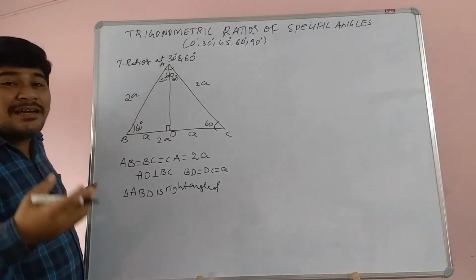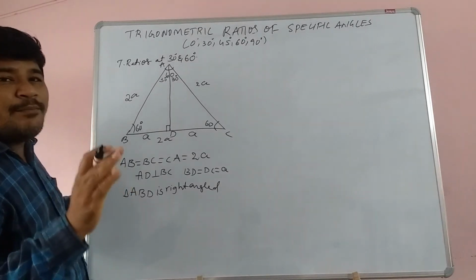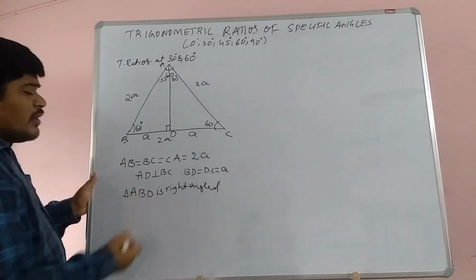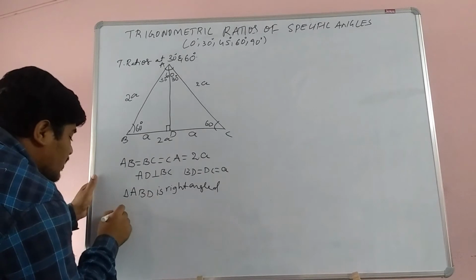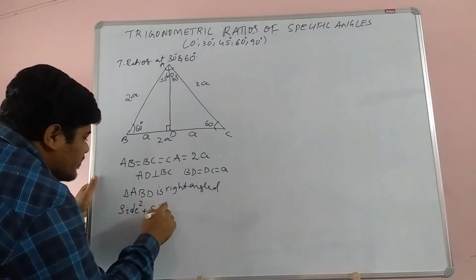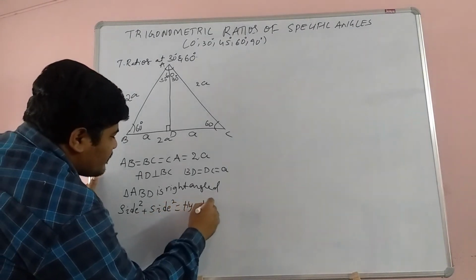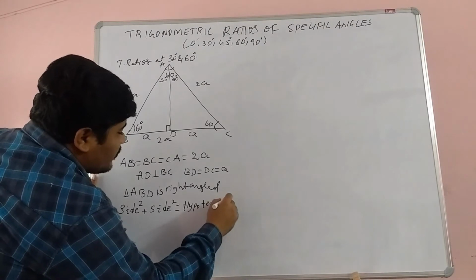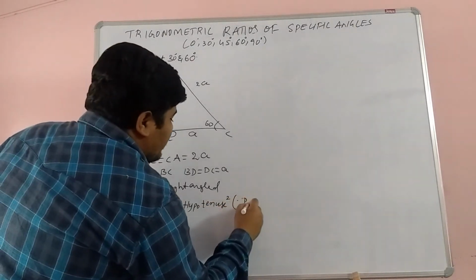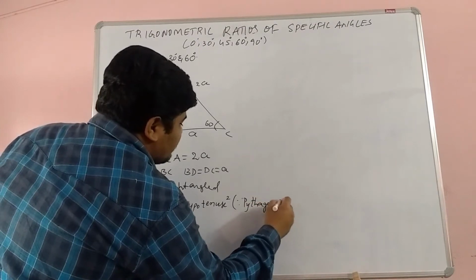So what is the Pythagoras theorem? Side square plus side square is equal to hypotenuse square. Okay, so I am using the Pythagoras theorem here. So this is called the Pythagoras theorem.